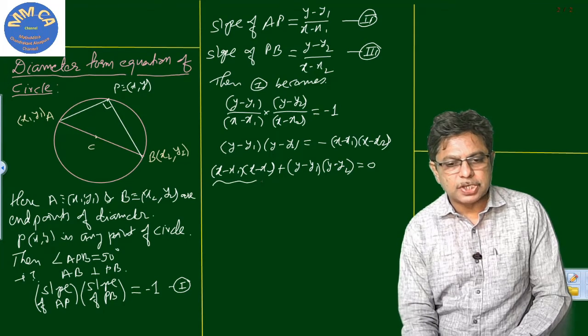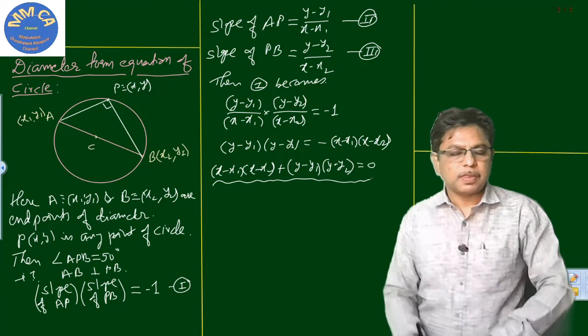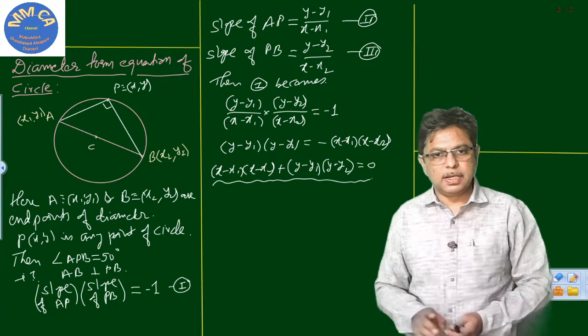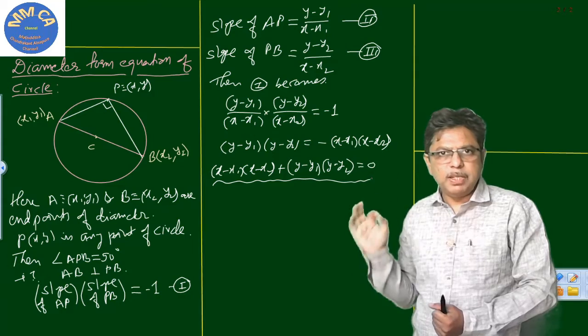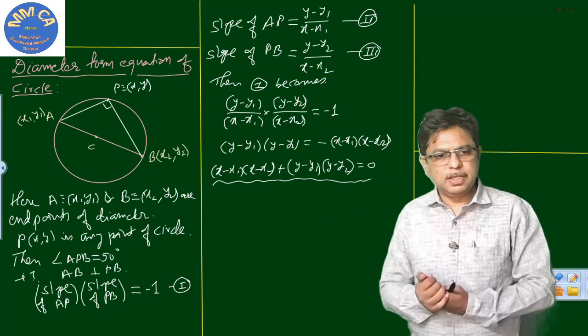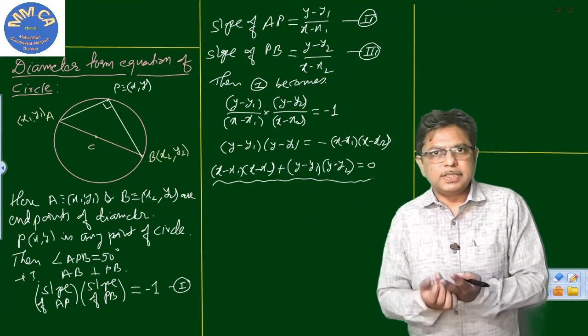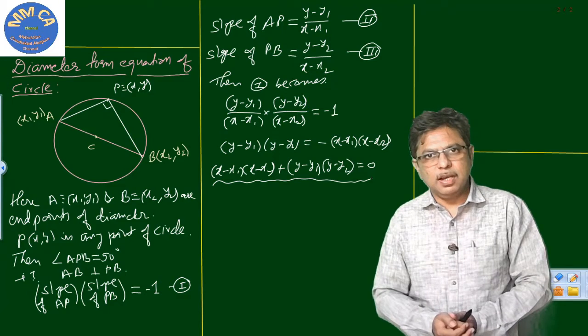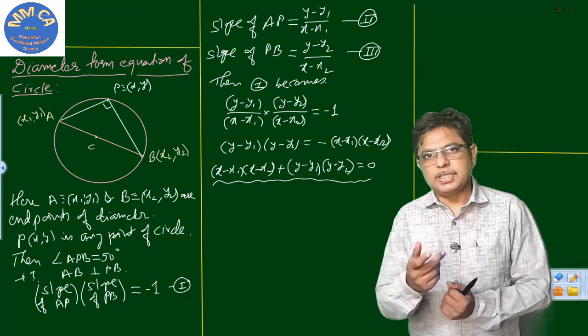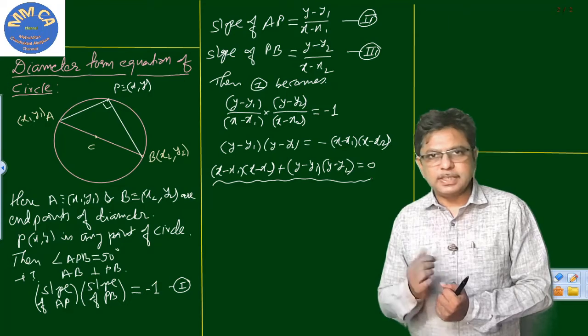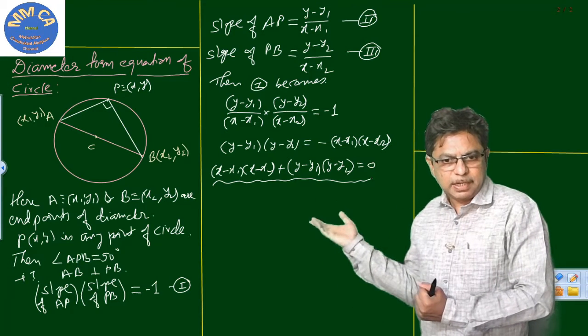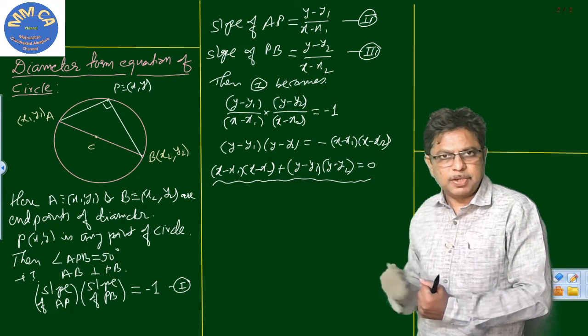This relation is called the equation of the circle, because every point P will satisfy this equation. When any equation is satisfied by every point of the circle, that equation is called the equation of that locus or circle. So P (x, y) satisfies this equation.